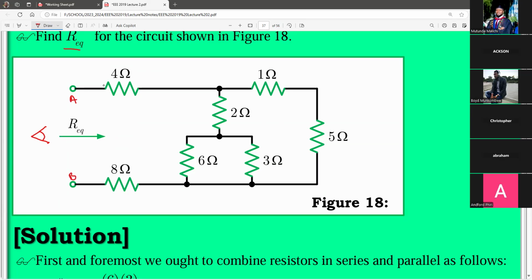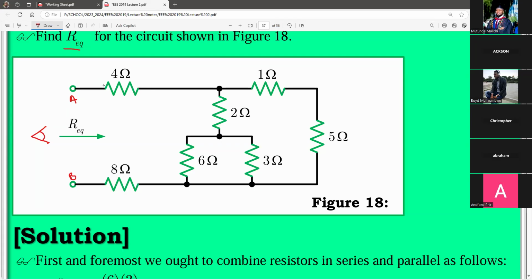Or if you had a multimeter connected at terminals A and B, what resistance are you going to see? So to determine the equivalent resistance, you choose which side. Of course, you have to start from the far side from where you are looking at it from.